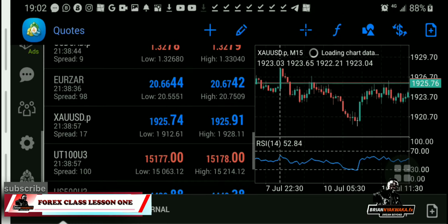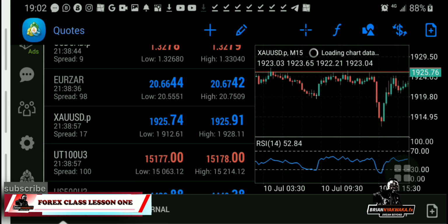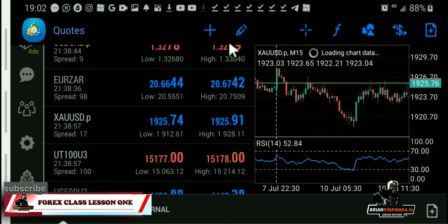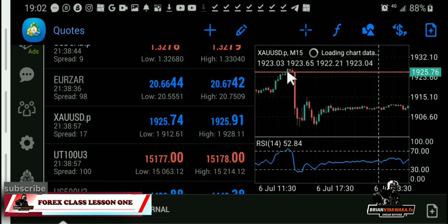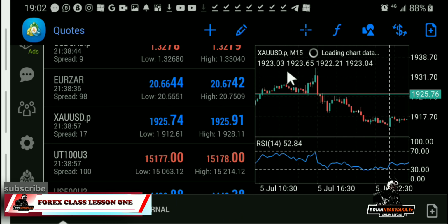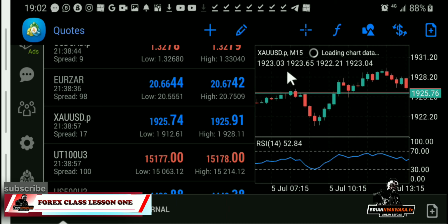So in a chart, this is how both candlesticks look like. So remember, we have said that a candlestick has got two major parts.